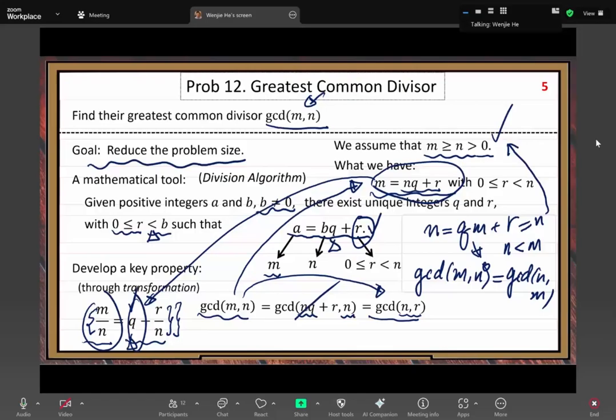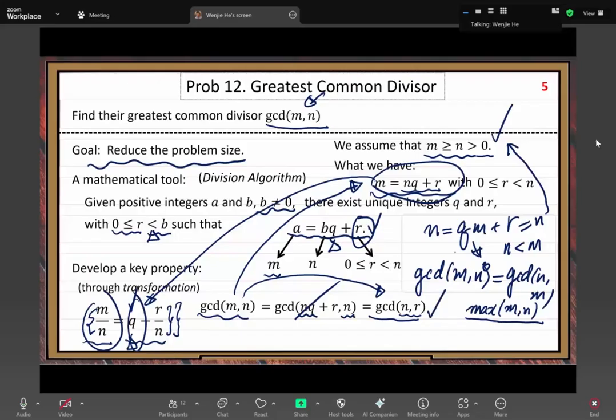Because m and n, one is larger, and we use the larger number, the magnitude of that larger number, to define the problem size. In that way, you bring down the problem size.